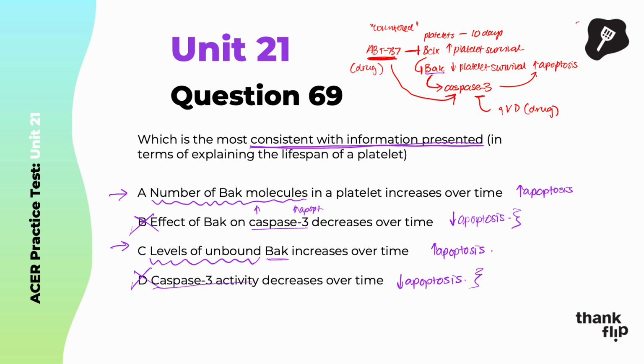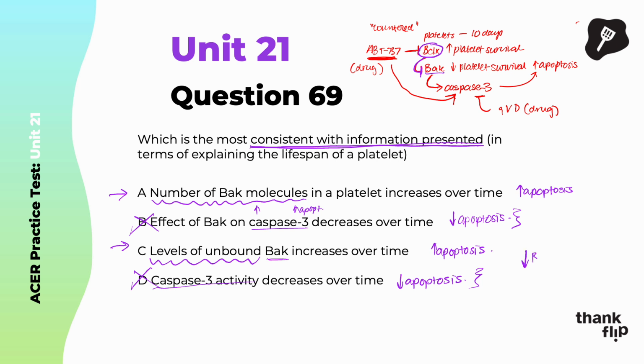And it does say that the way that apoptosis actually occurs is that BCLX levels decrease over the lifespan. And as BCLX levels decrease, this inhibition decreases, right?